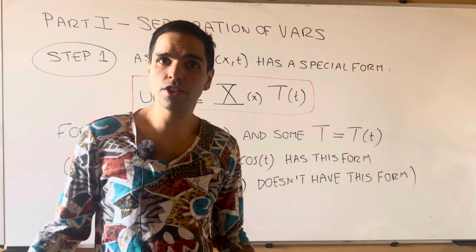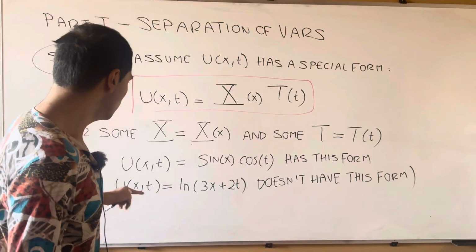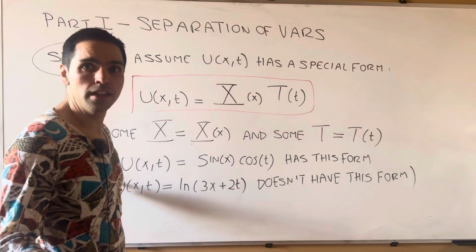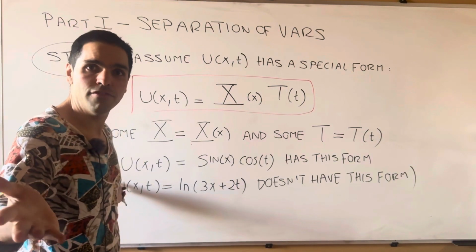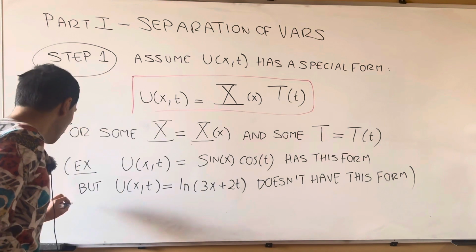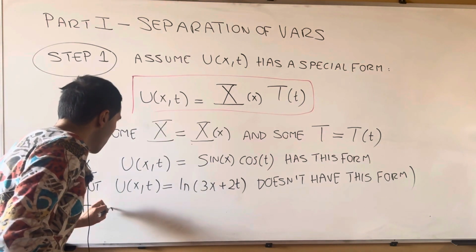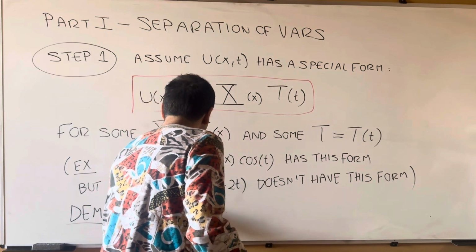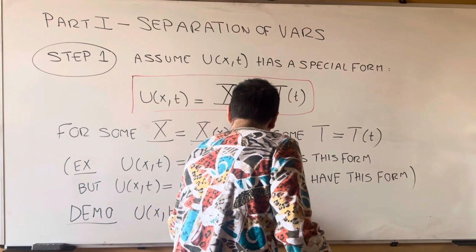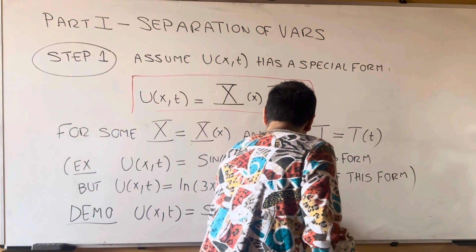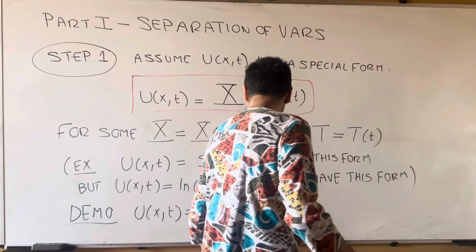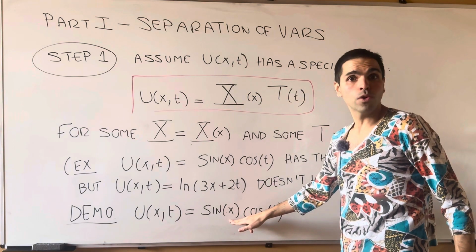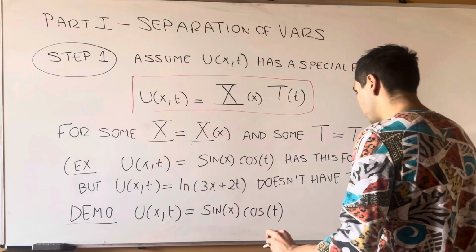So it'll make it much simpler, but also one suggestion I have is it comes from modeling purposes, and I invite you to look at the demo. Because if you look at u(x,t) is sine of x times cosine t, then what this looks like is scaled versions of sine of x.